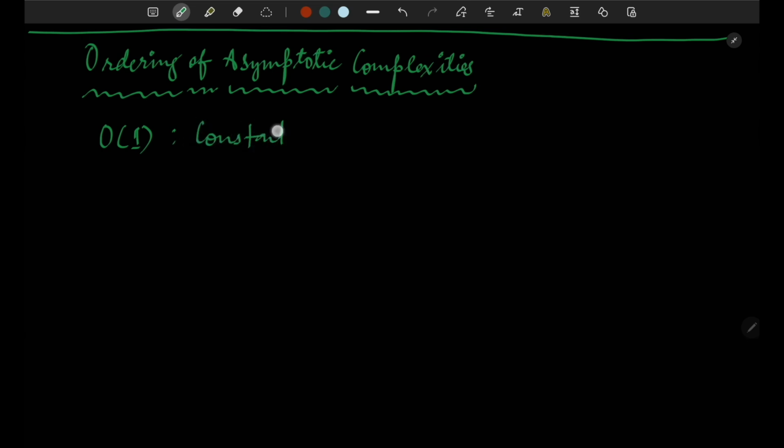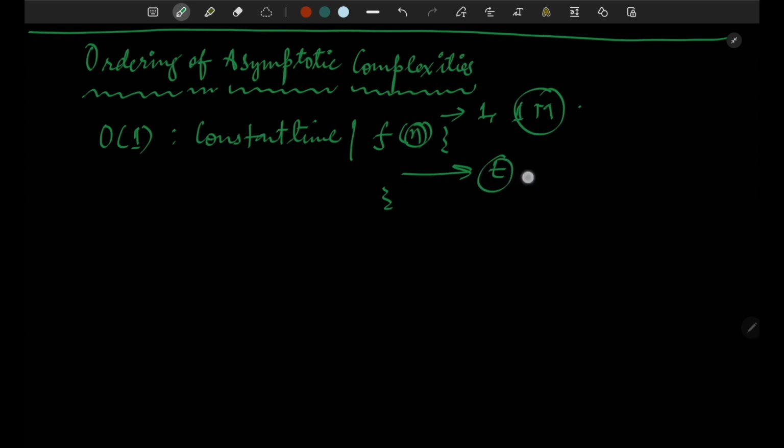So constant time is, let's say there is an algorithm that is going to take some sort of input n. It does not matter if the value of n is 1 or let's say 1 million, the time taken by this algorithm is always going to be, let's say, t seconds or t milliseconds or whatever, right?